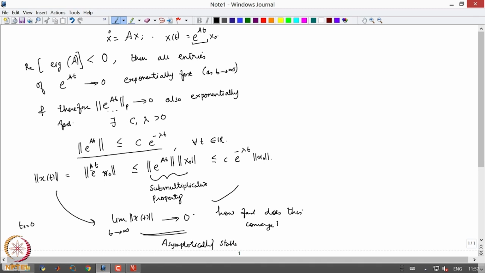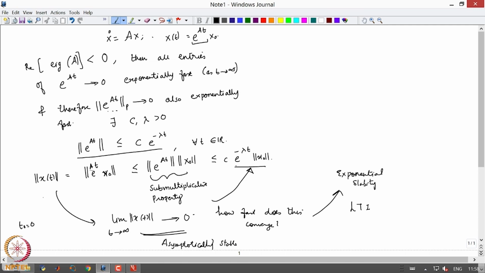Okay, how fast does this converge? I go to the right hand side and I see that the solutions can always be upper bounded by an exponentially decaying function, and therefore this also leads to the equivalence between asymptotic stability and exponential stability for a linear time invariant system. These two are indeed the same concepts.